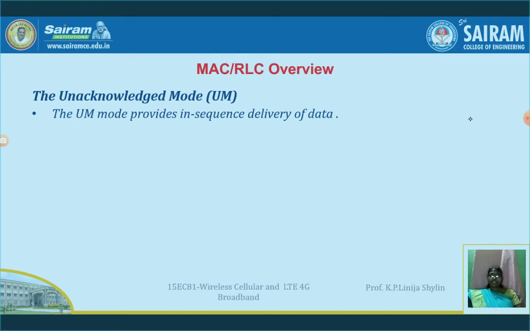What do we mean by that? Data which is received out of sequence, in those cases the unacknowledged mode will provide in-sequence delivery of data. Also, this mode is used by error sensitive and error tolerant real-time applications.